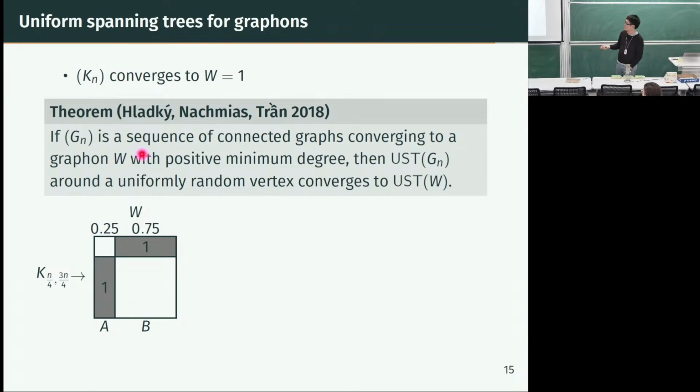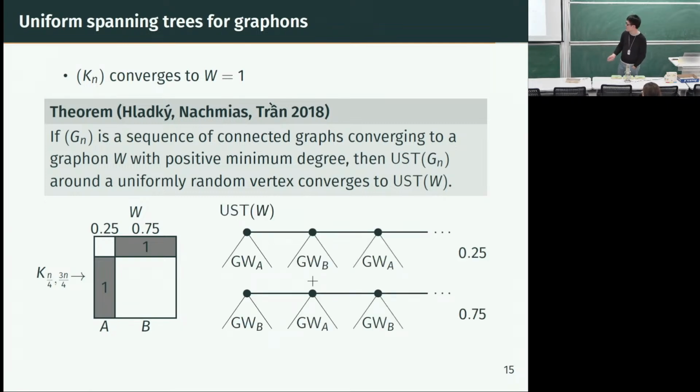This has positive minimum degree because you can imagine that these are complete bipartite graphs, and everything always has positive minimum degree and it survives into the limit. One thing you can see is that this has an alternating structure where you have two parts, and when you do these branching things, in all likelihood the trees will bounce back and forth.